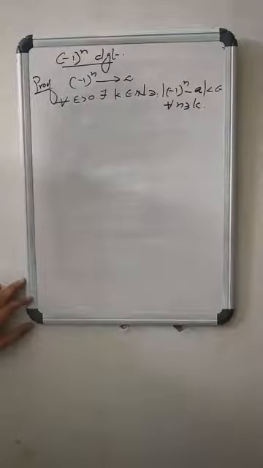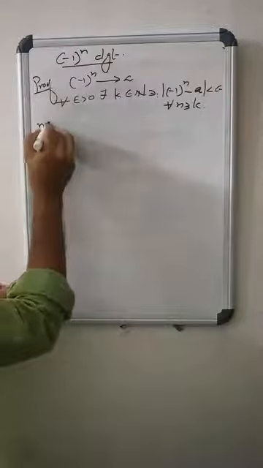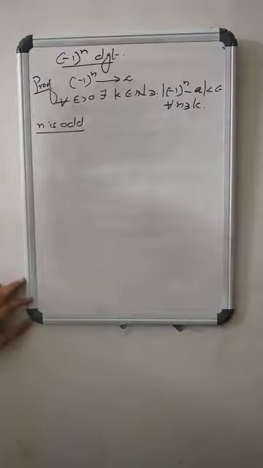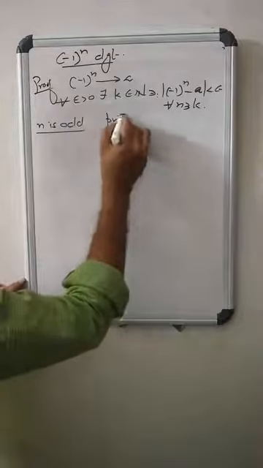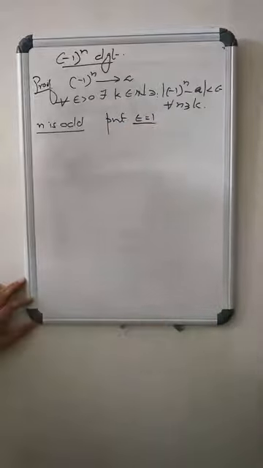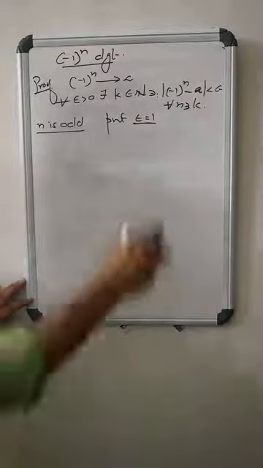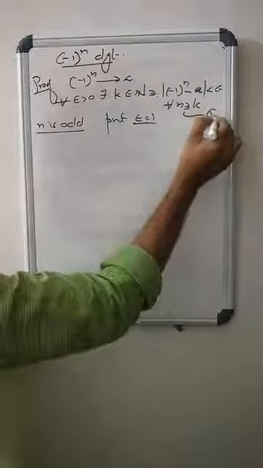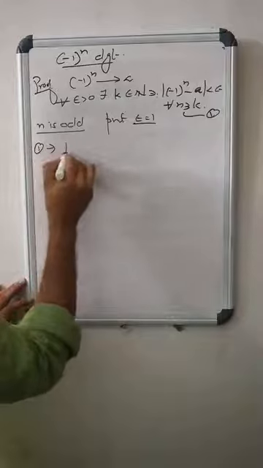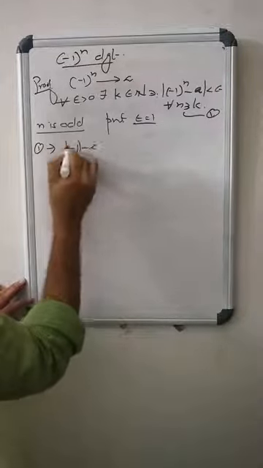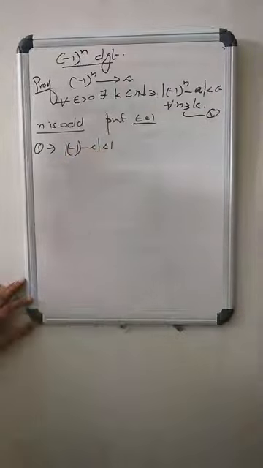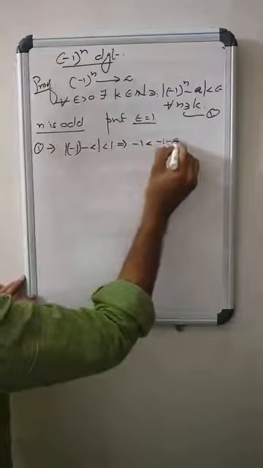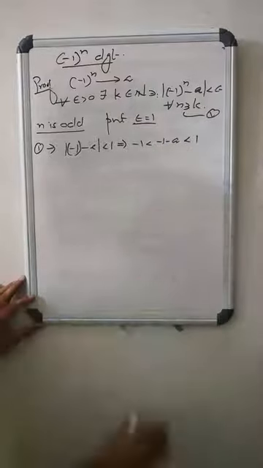Then there are two possibilities. Suppose n is odd, and put epsilon as 1. When n is odd, minus 1 power n is minus 1. So this relation becomes modulus of minus 1 minus a strictly less than 1. That means minus 1 is less than minus 1 minus a, which is strictly less than 1.